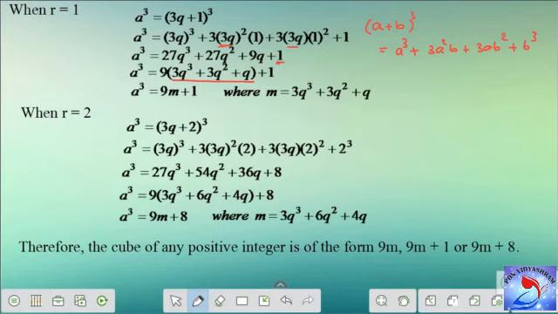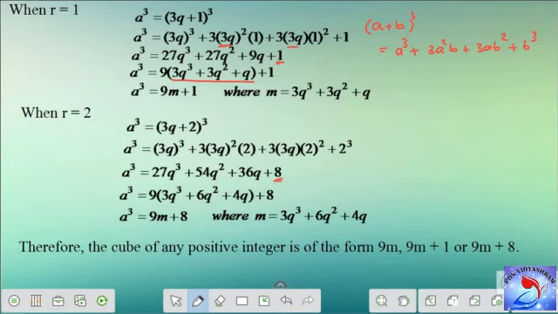Let's do the same process for the last remainder, that is r equal to 2. A cube is equal to 3q plus 2 whole cube, and you can see the expansions that are done here. It leads to 27q cube plus 54q square plus 36q plus 8, out of which again the last term is a constant term and doesn't have any common factor with the other three.